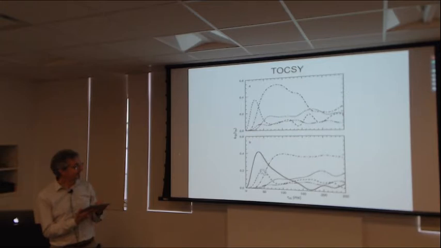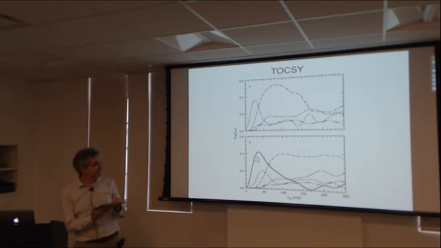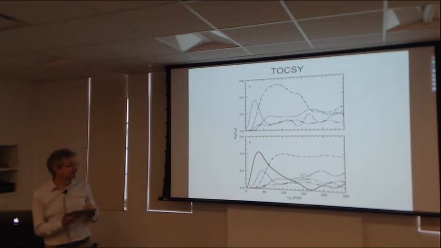But some is now starting to be relayed up to the beta. The magnetization accumulates on the alpha, then migrates to the beta, and eventually to the gammas, and then out to the rest of the side chain. At long mixing times, you can see we've moved all the magnetization out of the amide, and spread its way out onto the other side chain protons.